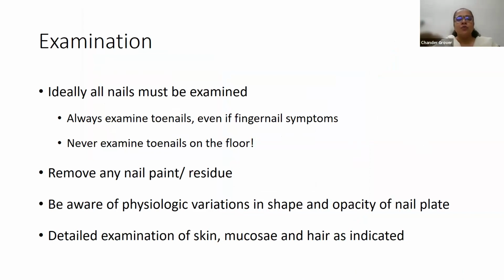We ask them to see the toenail and they bend down, or they squat on the floor and then they start seeing. This is not the way to examine. First, it is totally uncomfortable for you, for the patient, for the examiner. And secondly, you are going to miss out things. So ask for removal of any nail paint or residue. Be aware of physiological variations also and do a detailed examination.